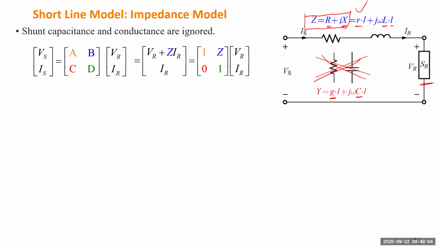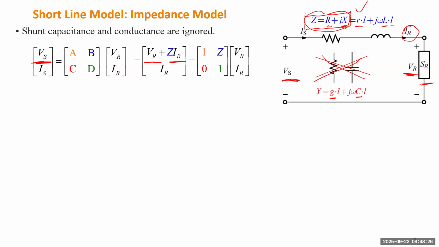All right, so based on Kirchhoff's voltage law, Vs is simply VR plus the voltage drop on this impedance. And this impedance carries the current IR. So it is simply VR plus Z times IR.